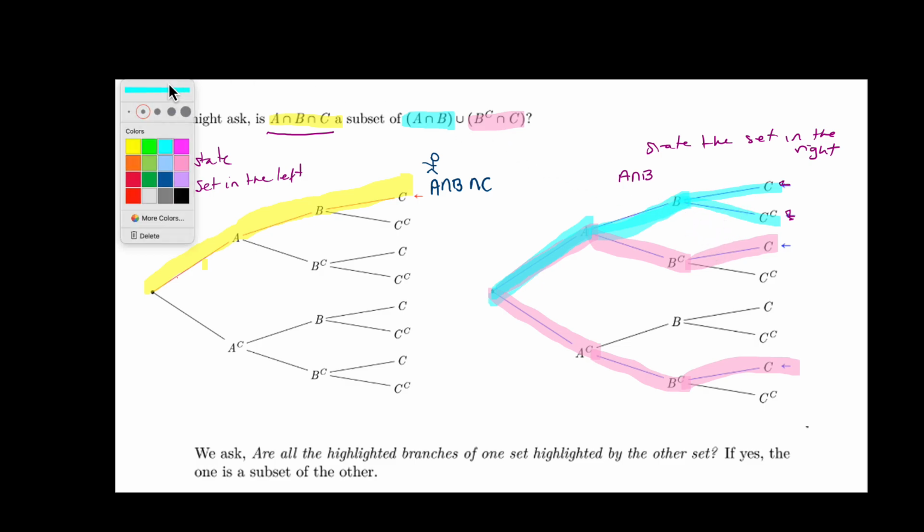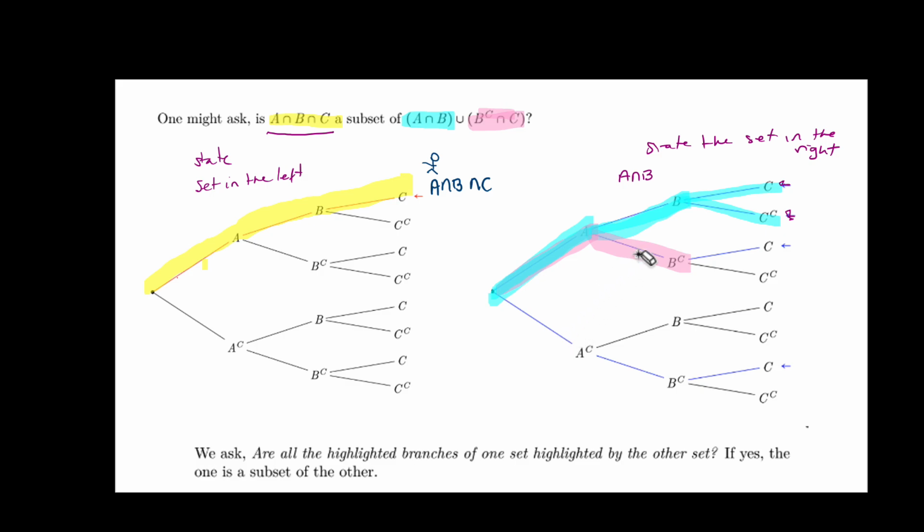And then we have the pink part, which is B complement intersection C, okay? So first of all, let's start highlighting the B complement. Let's do it from scratch. Let's start highlighting B complement. I have a B complement here, okay?